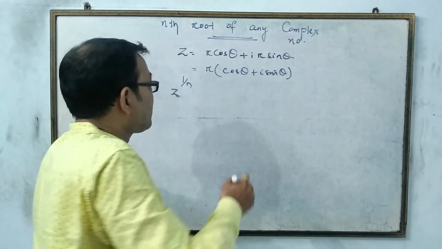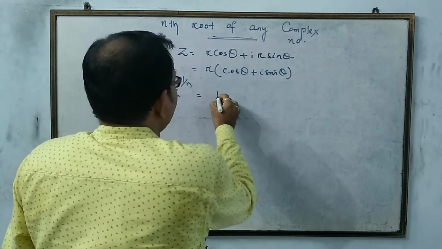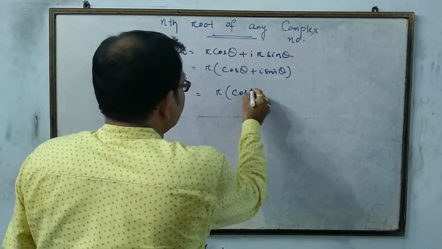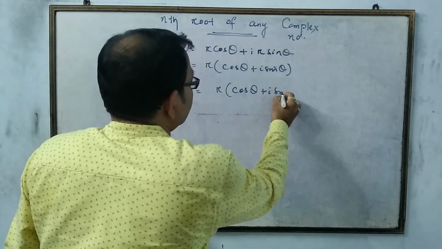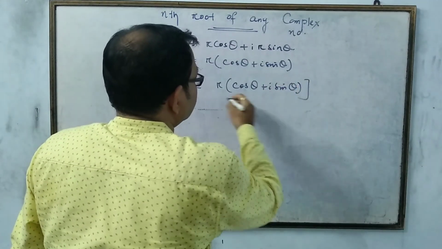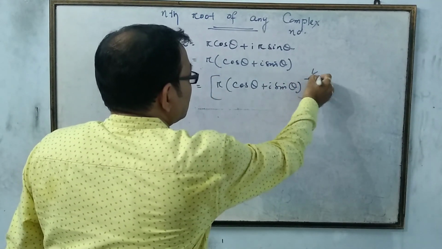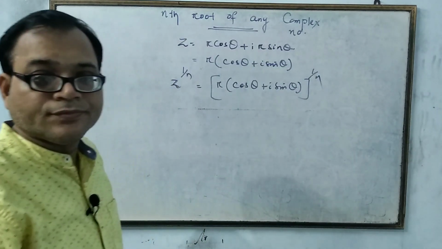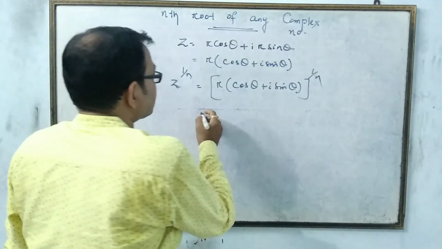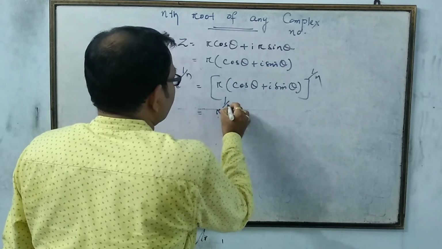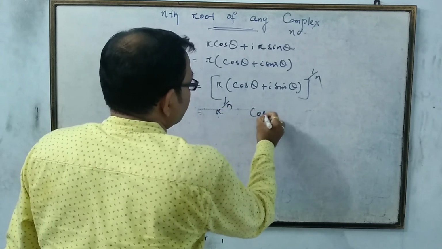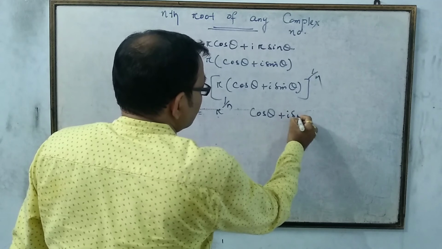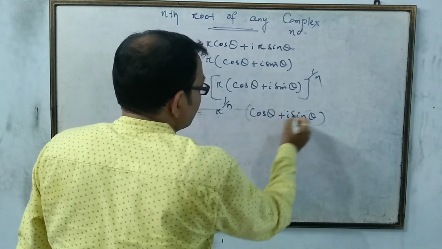z raised to the power 1 by n is equal to r into cos theta plus i sin theta, the whole to the power 1 by n. Its value is r to the power of 1 by n into cos theta plus i sin theta to the power 1 upon n.